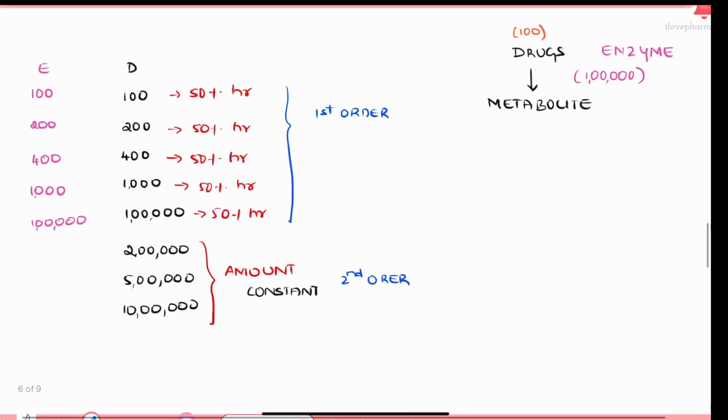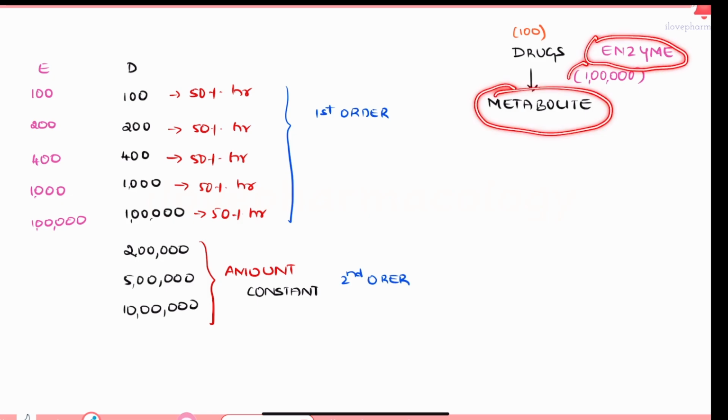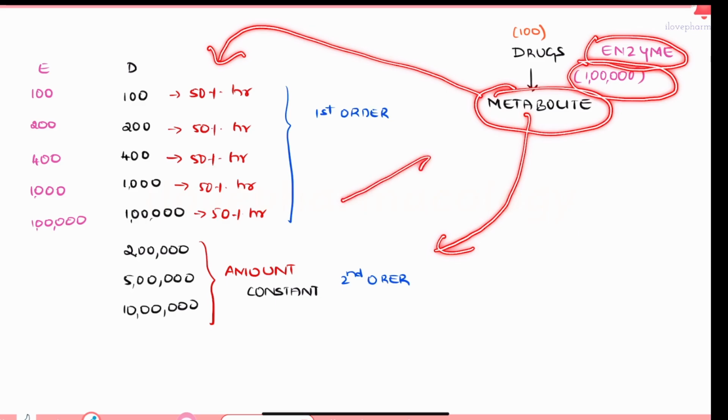So that is the example which we took. If you take 100 molecules of a drug to be metabolized, and the body has 1 lakh enzymes, what are the two scenarios? One is first order and the other is zero order.